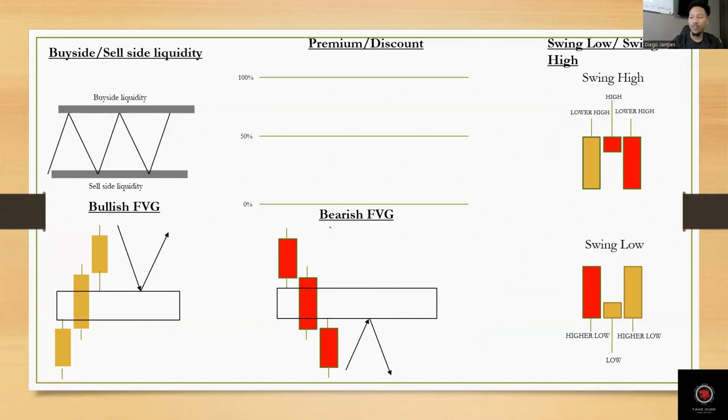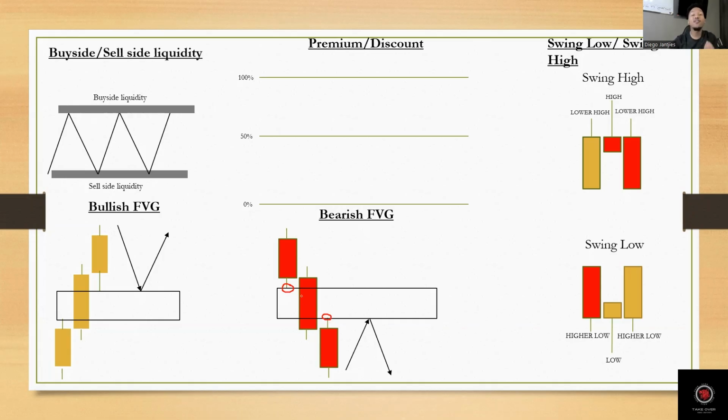Okay, now a fair value gap. Let's look at a fair value gap. Look at these 3 candles over here. Look at this closure of that wick right there, and the start of this wick right there. This over here will be considered your fair value gap. This little gap you are seeing right there will be your fair value gap.